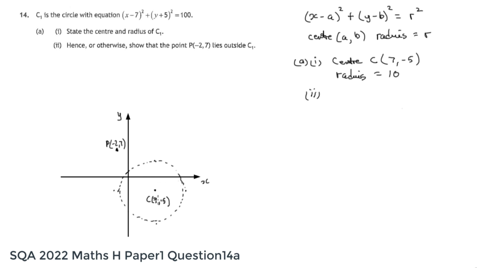Well, I think what we should maybe do is look at the distance from P to C. So that's the first thing we'll do. So from P to C, distance formula is used, square root of the x difference squared plus the y difference squared. X difference would be, say, 7 minus -2. That's 7 plus 2. And the y difference, -5 minus 7.